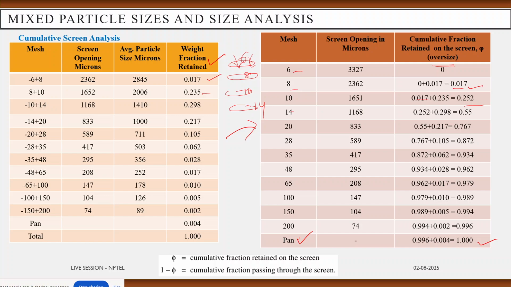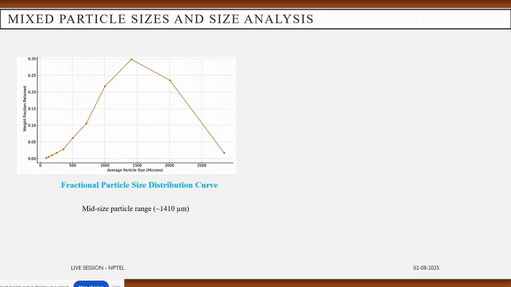So phi is the cumulative fraction retained onto the screen, and what is passing we can get as 1 minus phi. This graph represents the fractional particle size distribution. The distribution table we showed is what is being plotted here. We can see that the mid-size particle range is around 1410 micron.